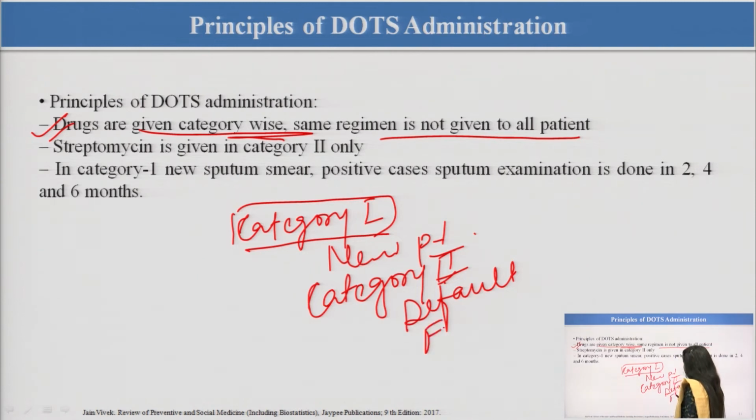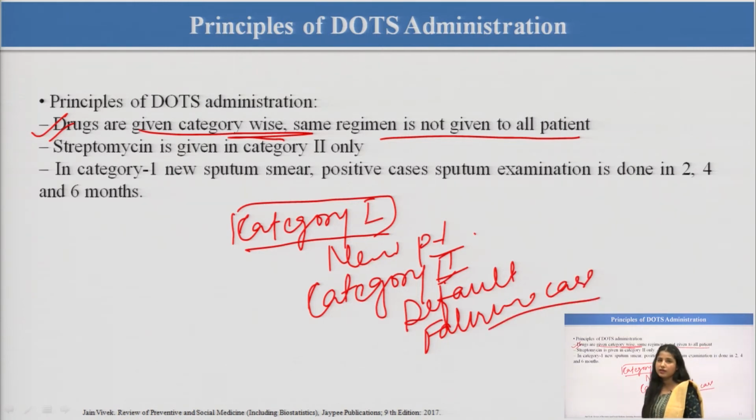Then under category 2 there are some failure cases, meaning the therapy which we have given has failed, it is not effective on the patient. There are so many reasons, for example, resistance has developed. So, under this category we can see the defaulters or failure of the therapy.